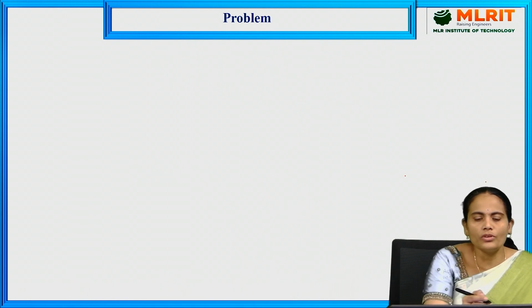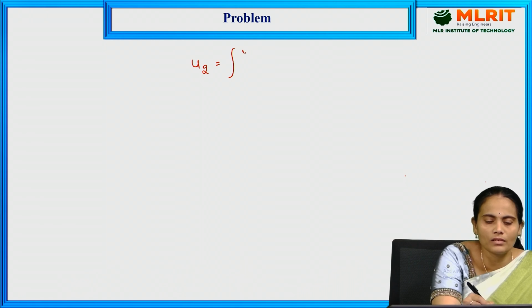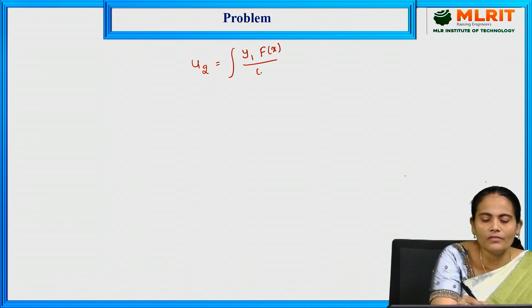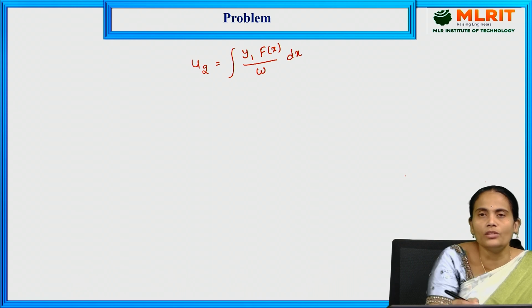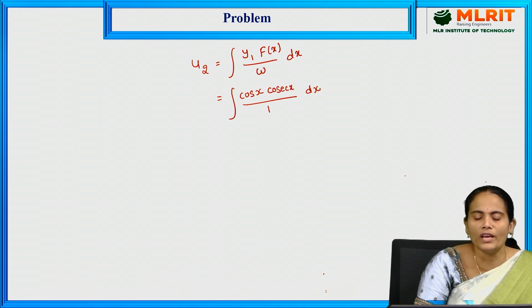What does u2 define? u2 is equal to integral y1 into f of x divided by W into dx. y1 is cos x, f of x is cosecant x, and the Wronskian value is 1, so divided by 1 into dx.